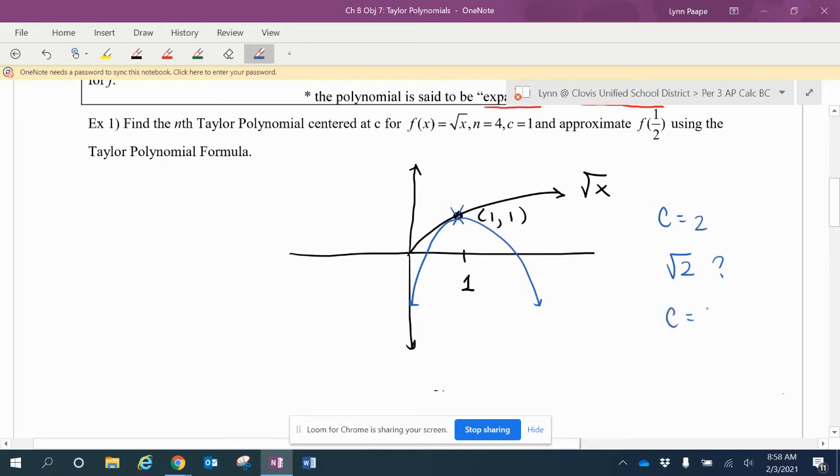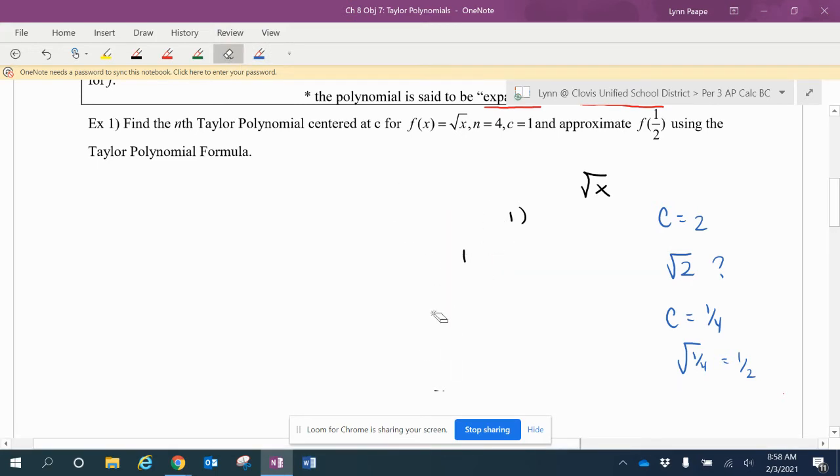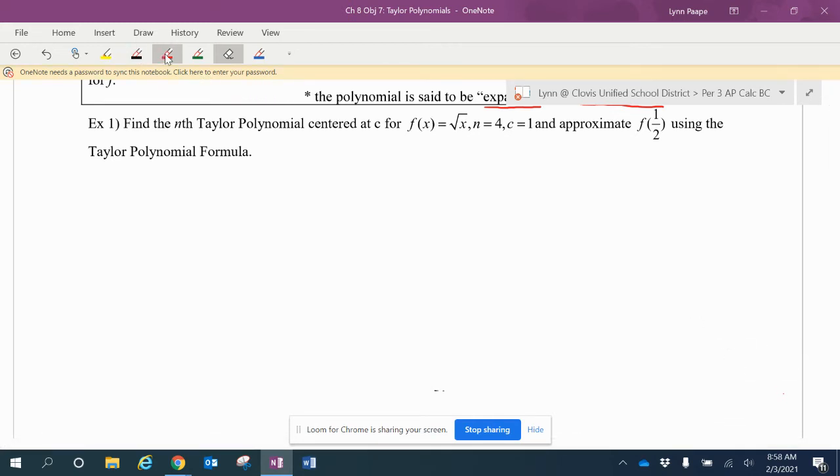But I could center it at, say, 1/4 because I do know the square root of 1/4, right? So you work with pieces that you know values for based upon that definition. Okay. So that is kind of an overview. So hopefully that made a little bit of sense to you. If not, that's okay. Eventually it will. All right, so let's go ahead and do this particular problem.